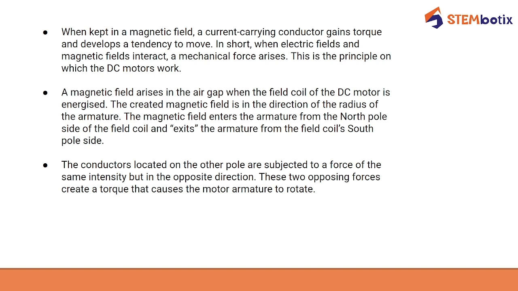So whenever you keep a current carrying conductor, which is kind of an electromagnet, in a magnetic field, and the magnetic field is provided by magnets, it gains torque and develops a tendency to move.